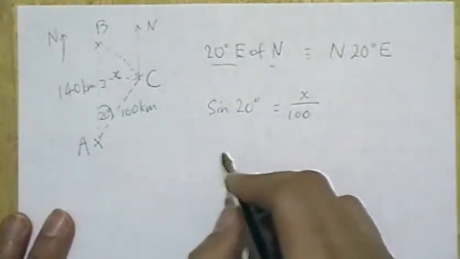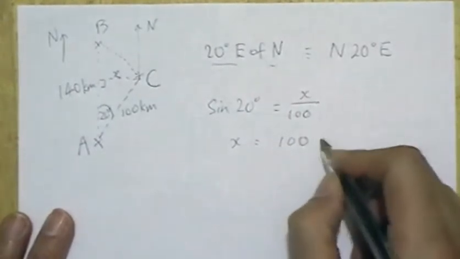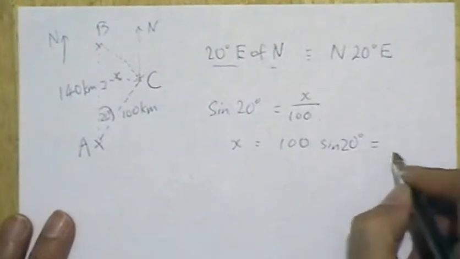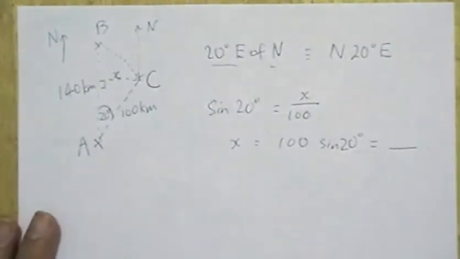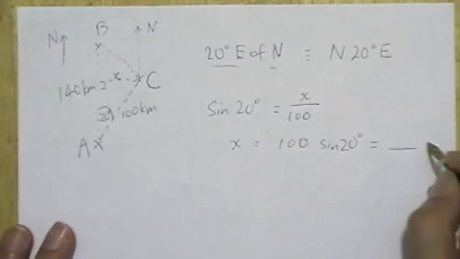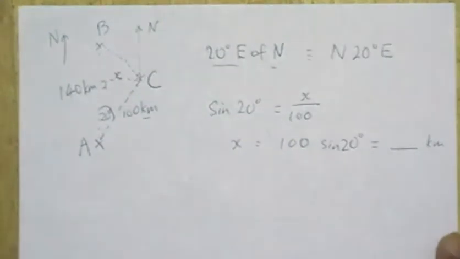So this allows us to calculate x. That's 100 times sine 20, and we can use our calculator to find an answer. That would be in kilometers.